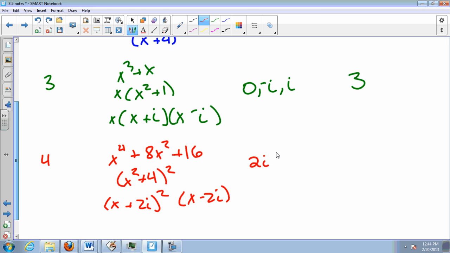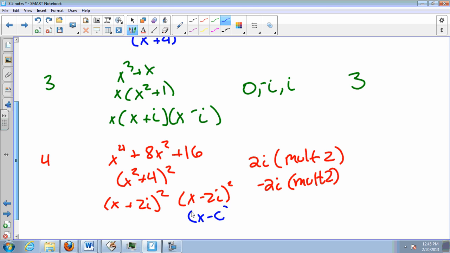So our solutions are 2i with multiplicity of 2, and negative 2i with multiplicity of 2. How we're getting this last line is we already know what the zeros are, and we're putting them back into x minus c. That's what we did on the green as well. If we had solved x squared plus 1 equals 0, we would have gotten i and negative i, and we just put it back into x minus c.